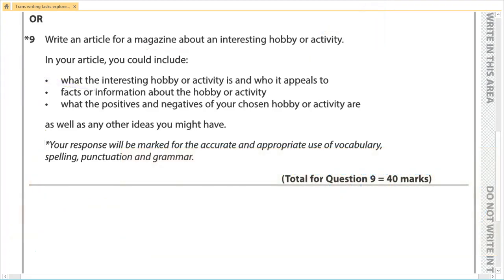So think carefully about how you do this. They're looking for original responses, so it does leave it open to you to decide sometimes who the audience is going to be.